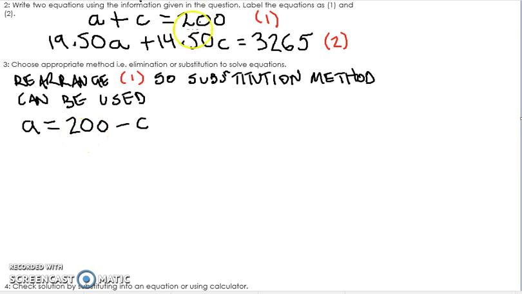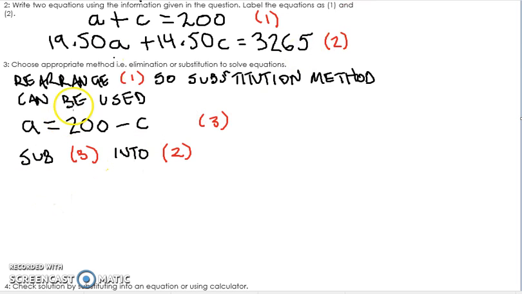Okay, I'll call this equation 3. I'm going to substitute equation 3 into equation 2.